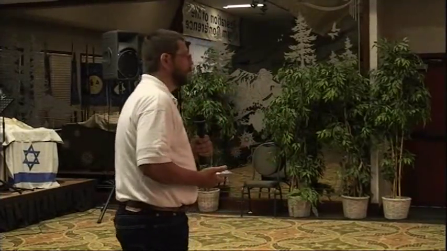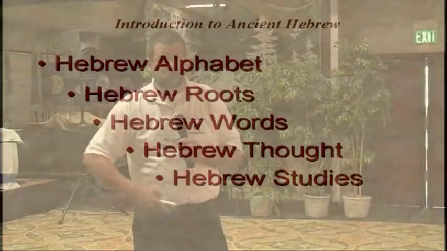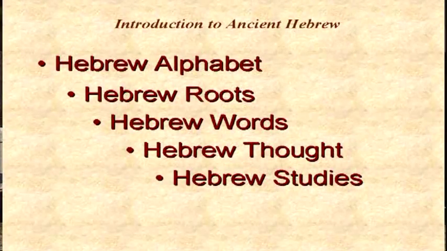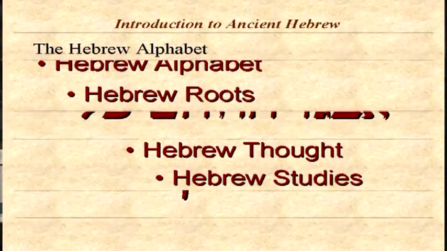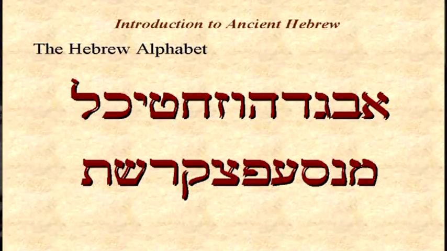But in the biblical Hebrew language, words are dependent upon other words, which are dependent upon roots, which are dependent upon other roots, and all of these help to define these different words. So it's a root-oriented system. We're going to look at Hebrew words, Hebrew thought. As I said, they think differently than we do. And we're going to take a look at some Hebrew word studies. This is the Hebrew alphabet that most of us are used to.